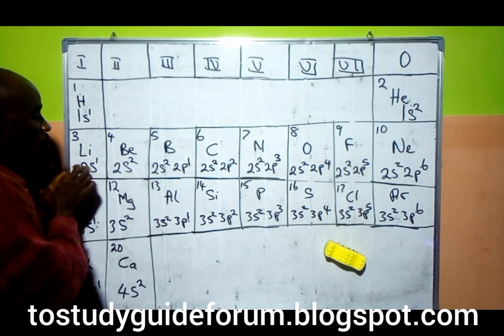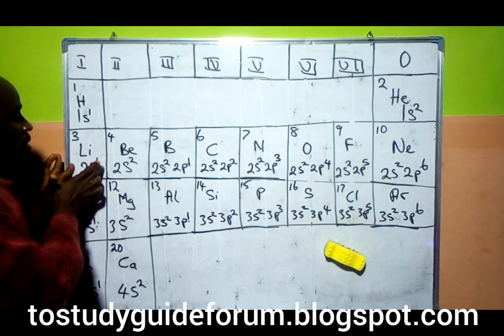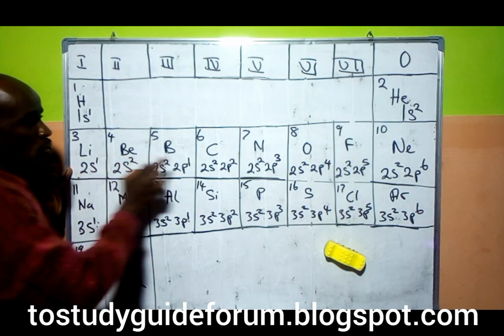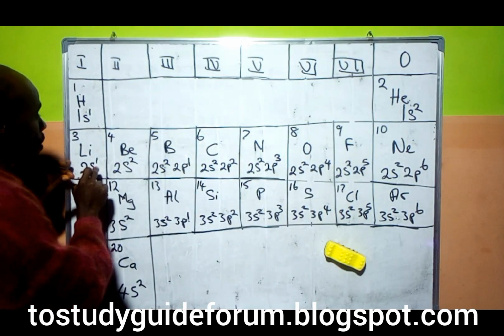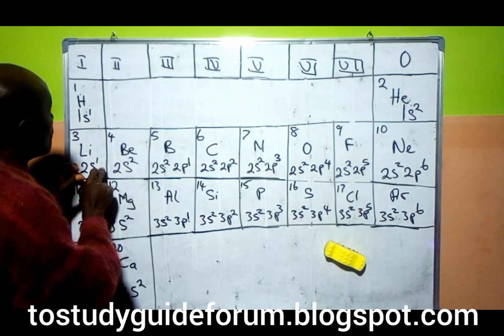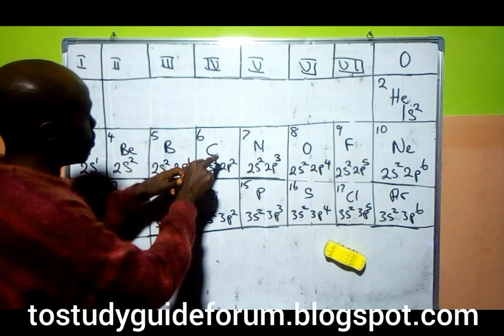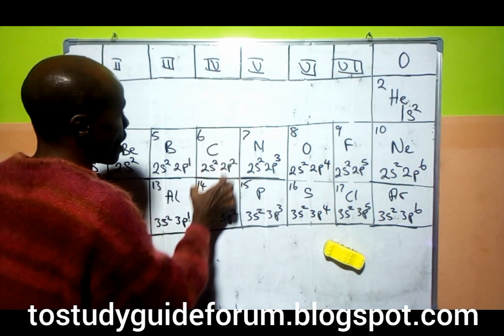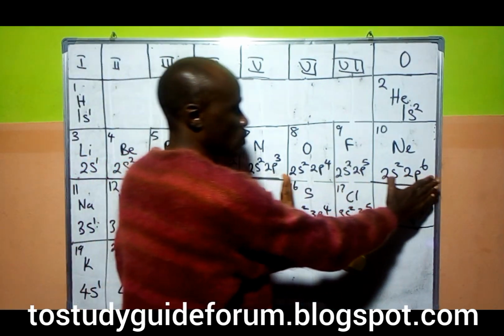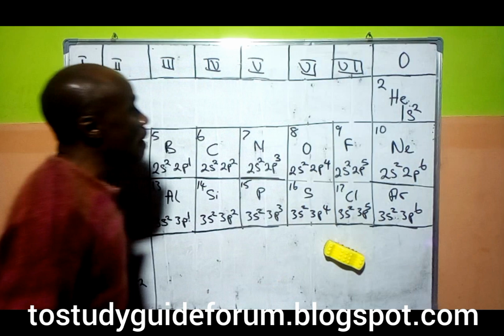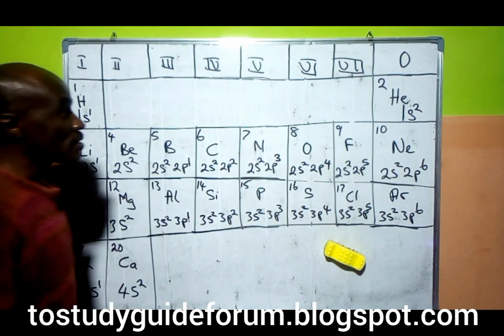From here, metallic property decreases from group one down to group three. In group four, we have the metalloids. From the metalloids, we move to the non-metals.